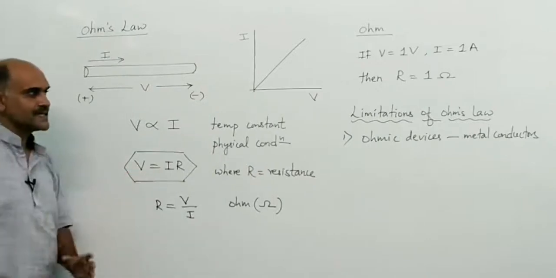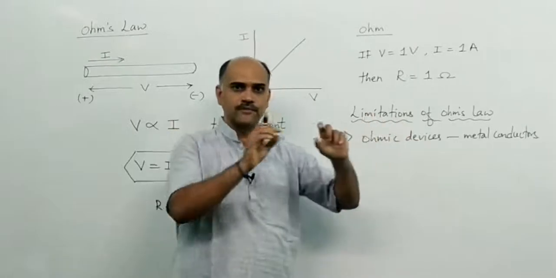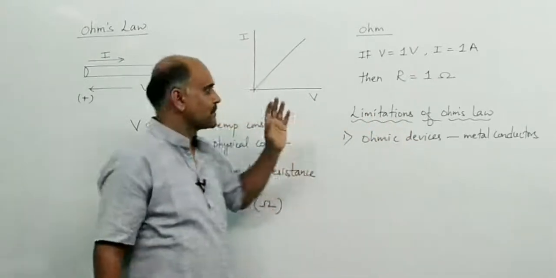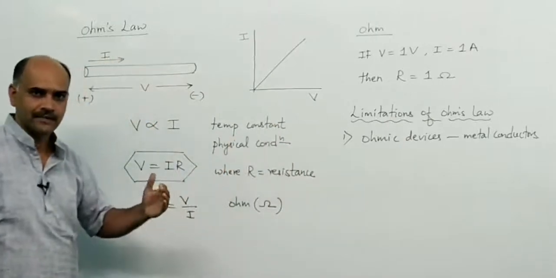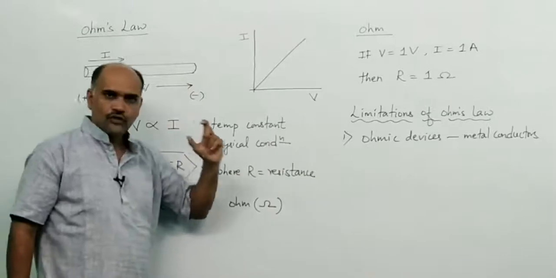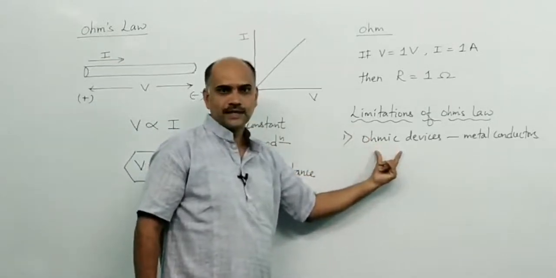So presently you can remember just any metal conductor, if you take aluminium, copper, etc. For those you can apply Ohm's law. Later you will be having meter bridge, potentiometer, etc. For all of which you can apply Ohm's law, those are called ohmic devices.